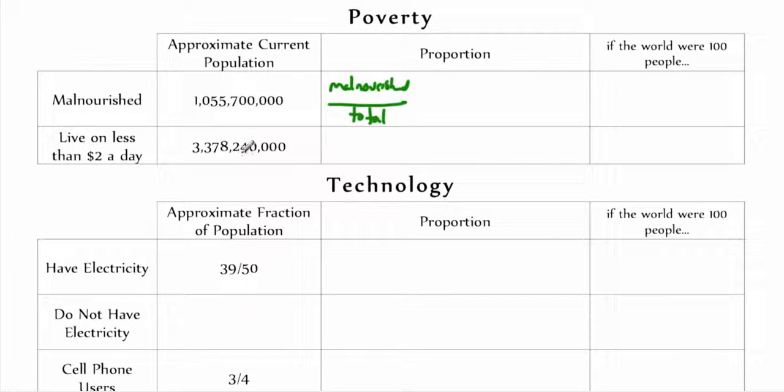Down here, how many live on less than $2 a day? Think about that. Only $2 a day for their entire living, their entire subsistence. Set up your proportion out of the total, figure out how much is it going to be out of 100. But read those directions, use my partial answer key that I have there to help you out to see if you're on the right track, and then keep working through it.